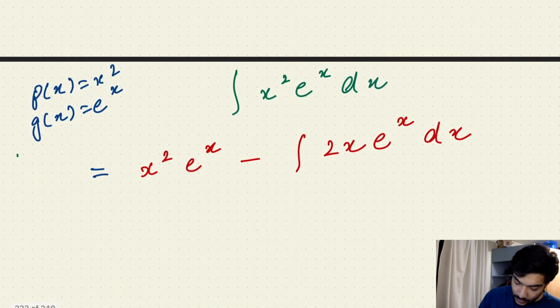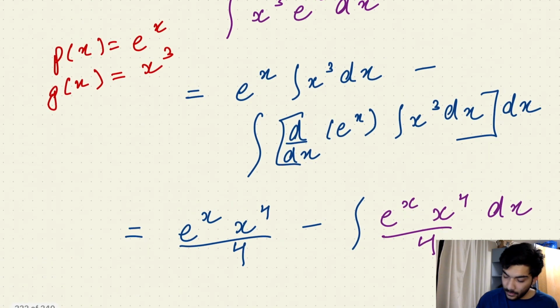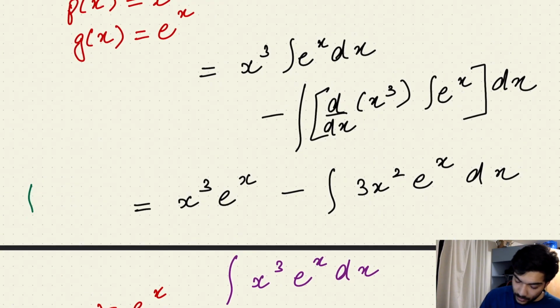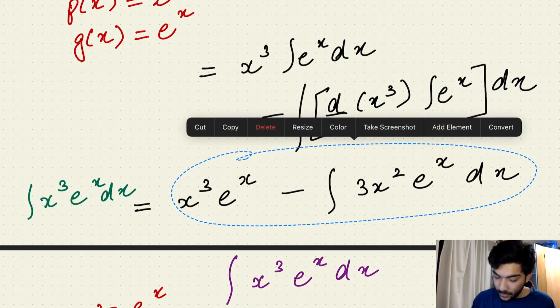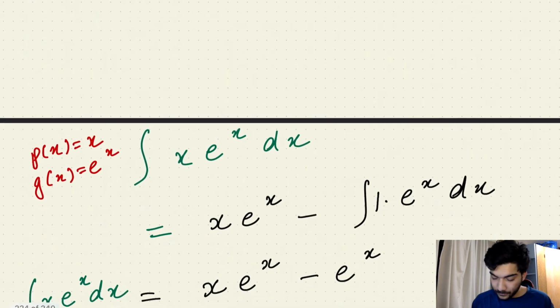So now we know that this is our x e to the power x dx integral. This over here is our x square e to the power x dx integral, and this one over here is our x cube e to the power x dx integral in this case. So now we have to calculate this final answer over here, which would be, let's move this down.